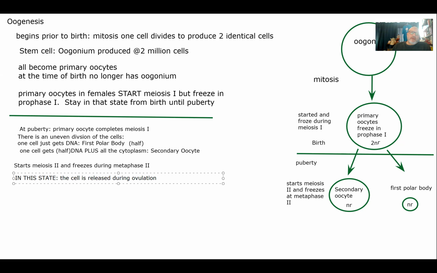Do we expel the sperm in males before they're mature? No, we mature them first for 20 days in the epididymis before we even think of releasing them into the ductus deferens. But here, this egg isn't even fully mature yet, and it is being released via ovulation in this immature state.